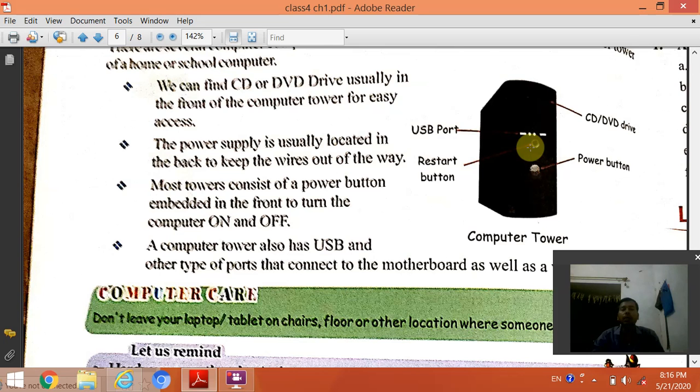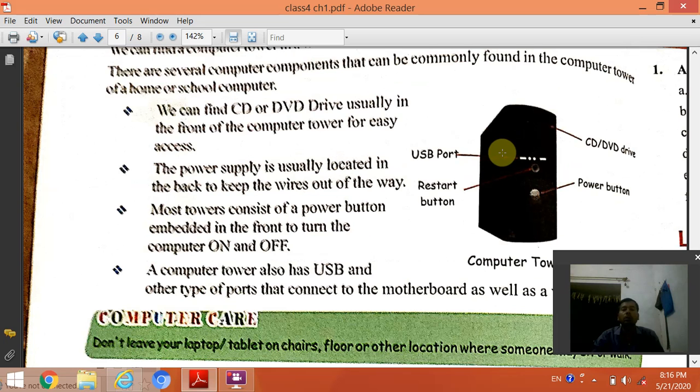With the help of these ports, we can attach external devices to our computer system. These are all the parts of a CPU inside the CPU box, located at the front or back of the CPU box.